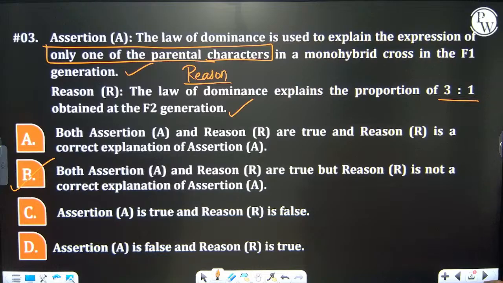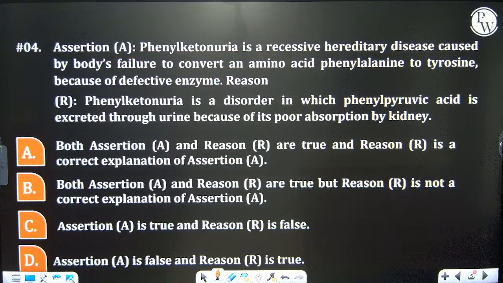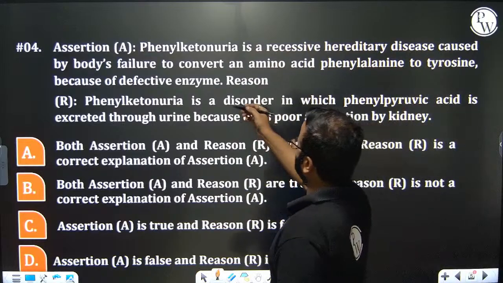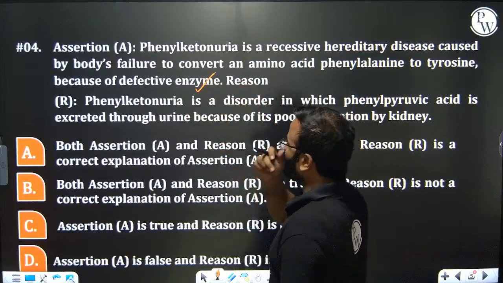Next, fourth question. Phenylketonuria is a recessive hereditary disease caused by the body's failure to convert an amino acid phenylalanine to tyrosine because of the defective enzyme, which is true. But let's see the reason.